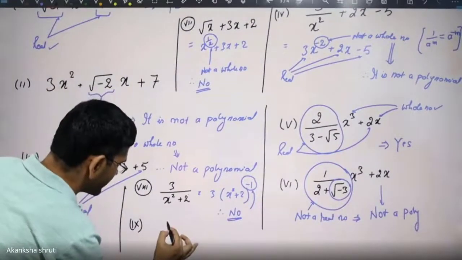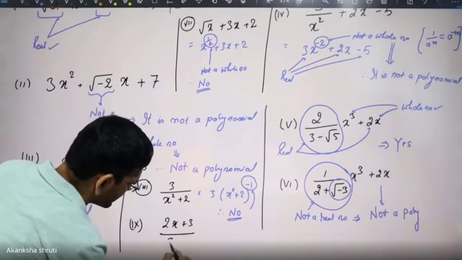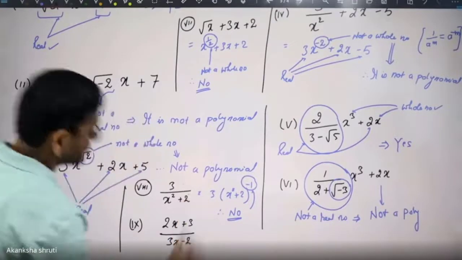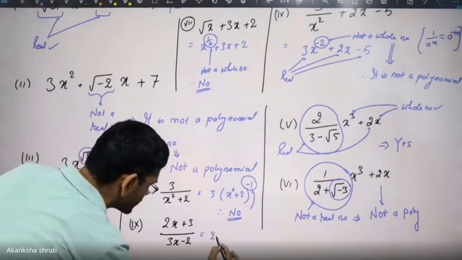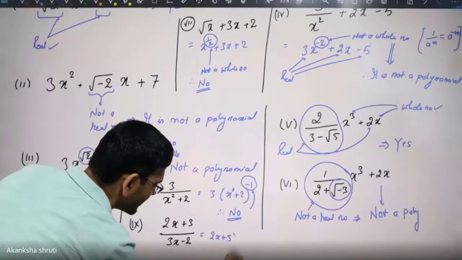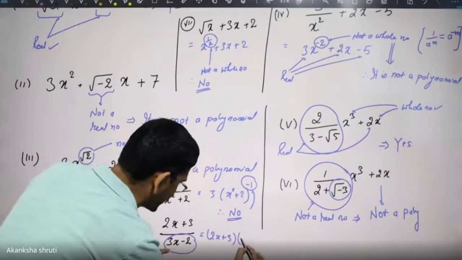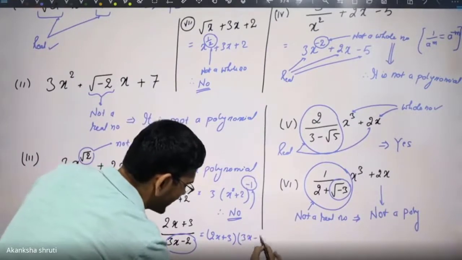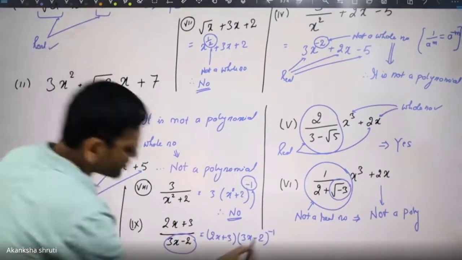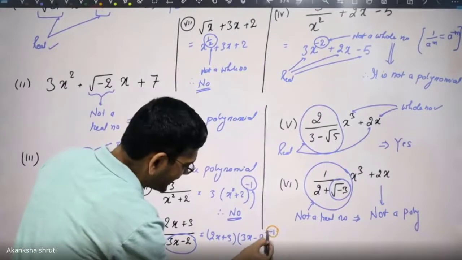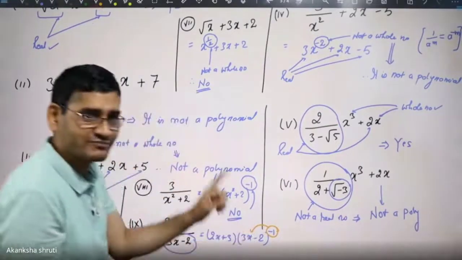If we are taking 2x plus 3 by 3x minus 2, what does it mean? It simply means, students, whatever 2x plus 3 is there, when this denominator will come in numerator, it will come in the product of 3x minus 2, their power will be minus 1. And because of this minus 1, on expanding, x to the power minus 1 will be generated here.